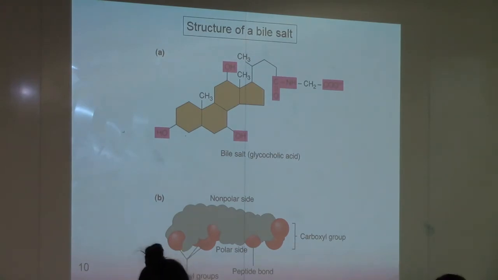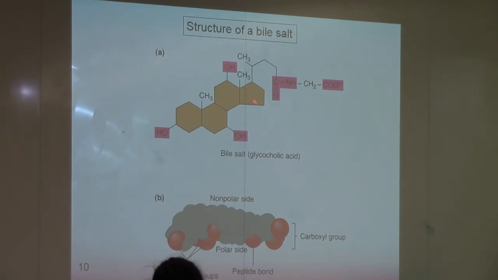Bile is a derivative of cholesterol. So here's the ring structure of cholesterol. You might even remember it from cell physiology. And here's what makes it a salt. It's been modified to make it a bile salt.